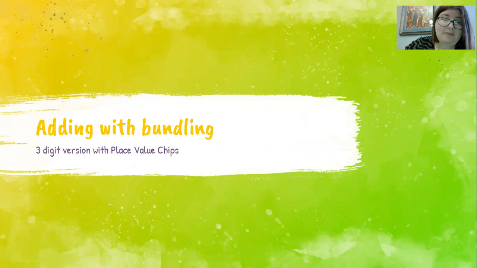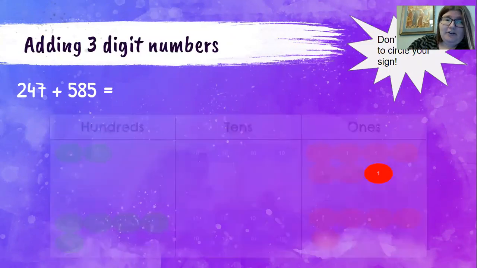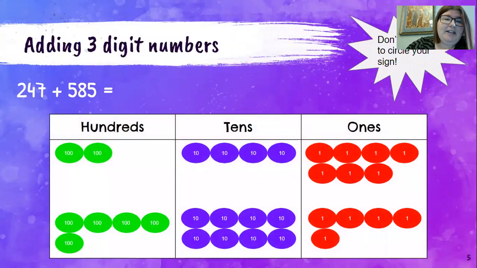So you might see a problem like this: 247 plus 585. And I wrote, don't forget to circle your sign. And you'll see a place value chart just like this. So many of your teachers, in fact, all of your teachers, always taught you to rewrite the problem.